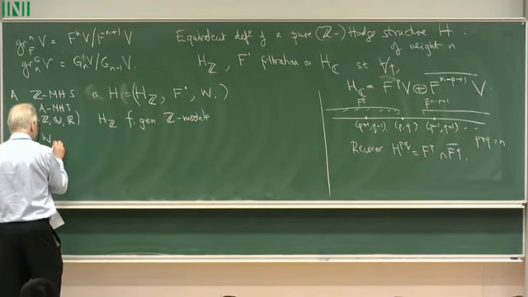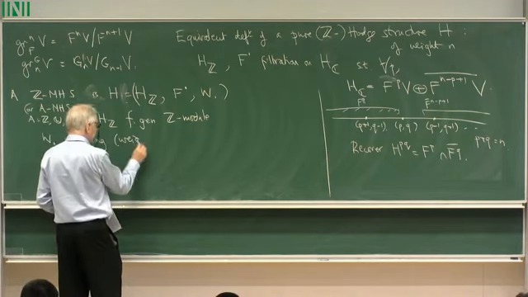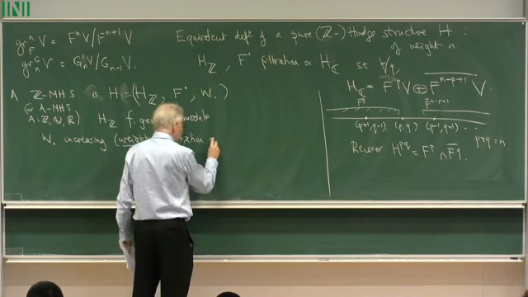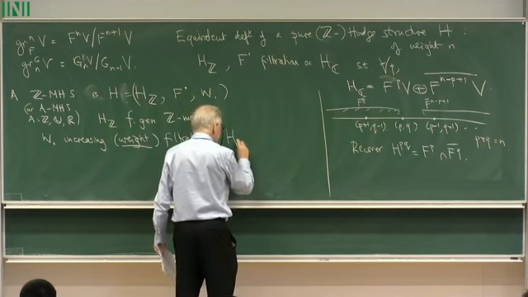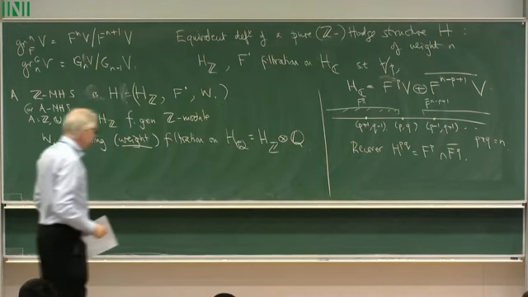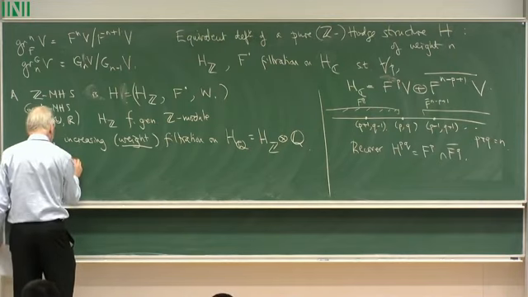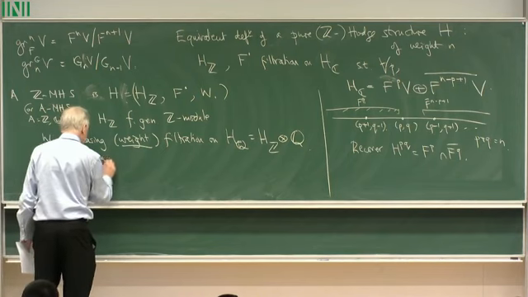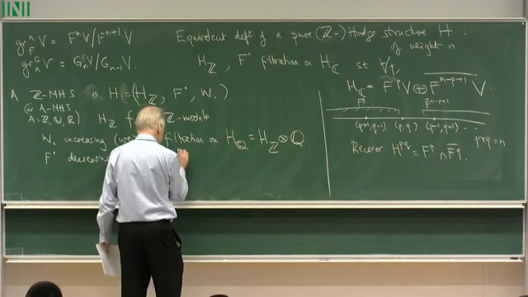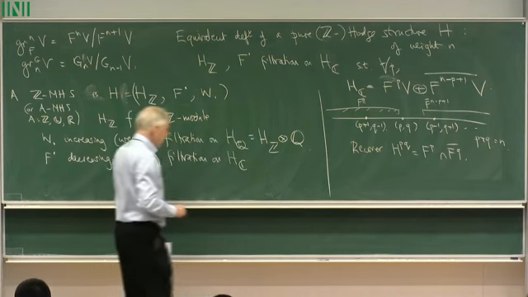W is an increasing filtration, the so-called weight filtration, on H_Q, so this is rationally defined. And then F is a decreasing complex filtration. This is the Hodge filtration, just as before, on the complexification.